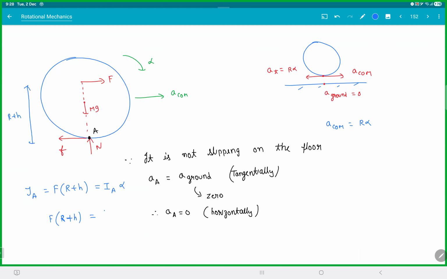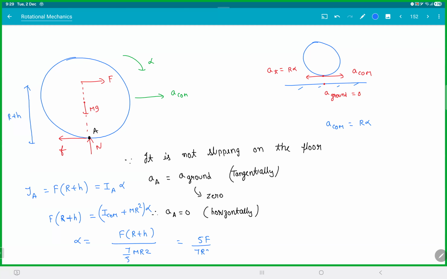What is moment of inertia about A? I center of mass, 2 by 5 mr square, plus mr square, parallel axes theorem. Therefore, alpha will be F into r plus h over moment of inertia. Moment of inertia of a solid sphere, 2 by 5 mr square, plus mr square is 7 by 5 mr square.